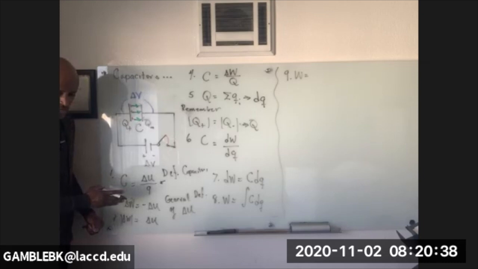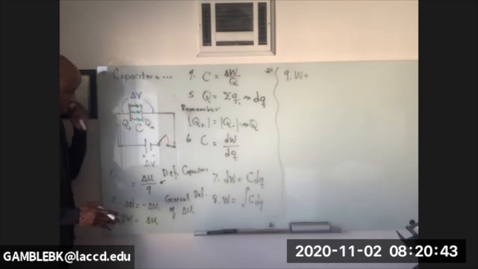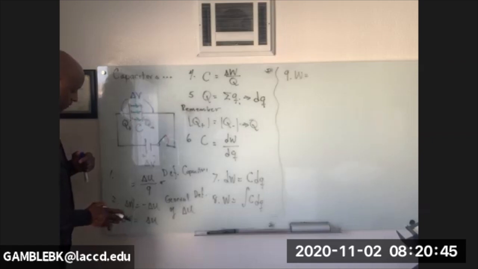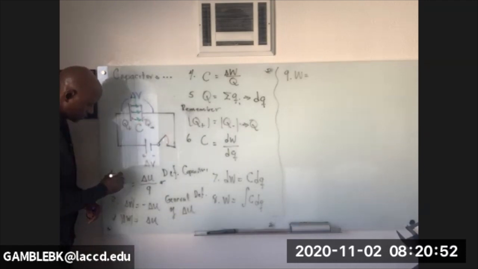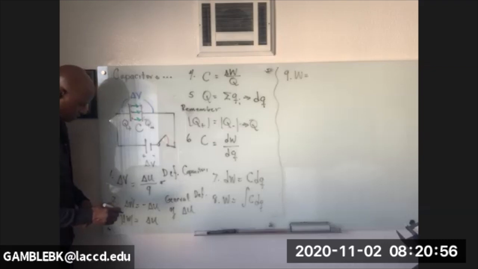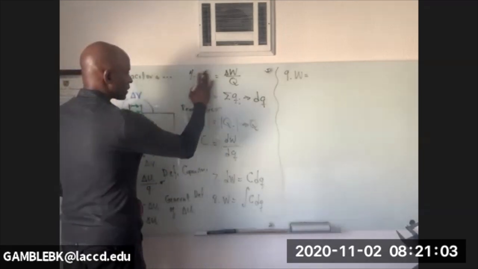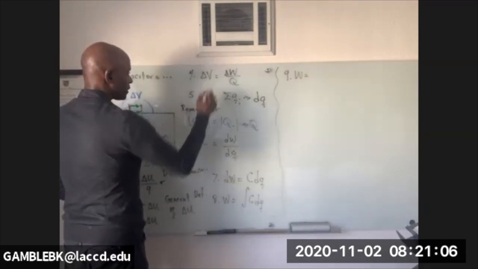This is not the formula for that. This is potential. Sorry, I'm writing capacitance and thinking potential. I'm so sorry. That's potential. So delta V. My bad. Oh gosh, sorry, delta V.